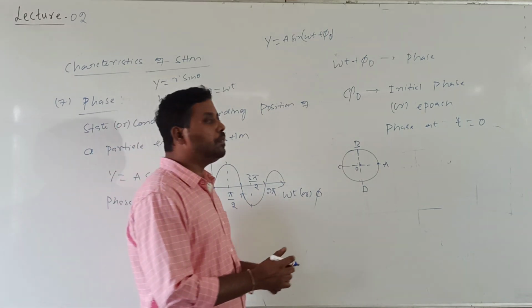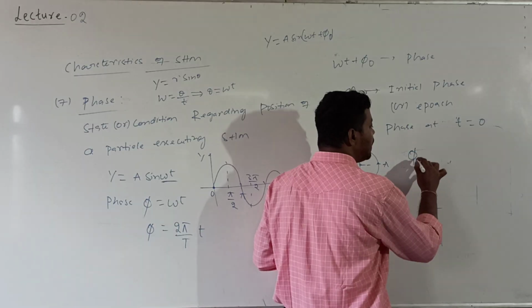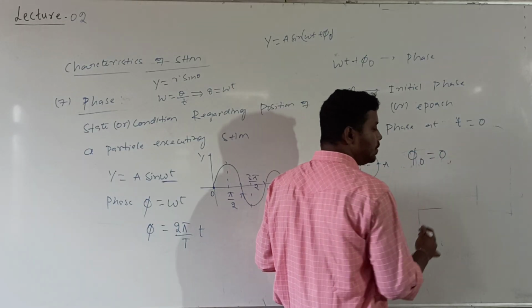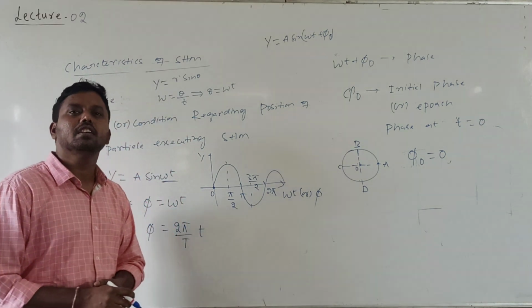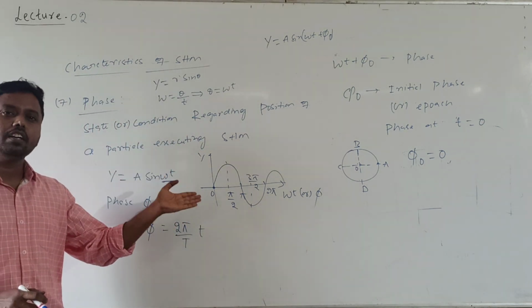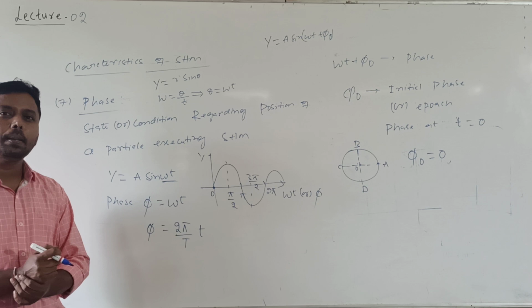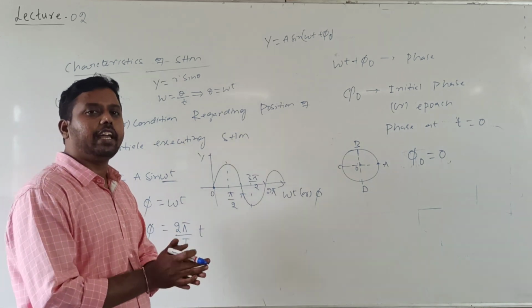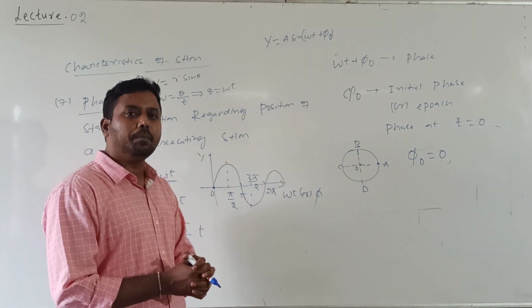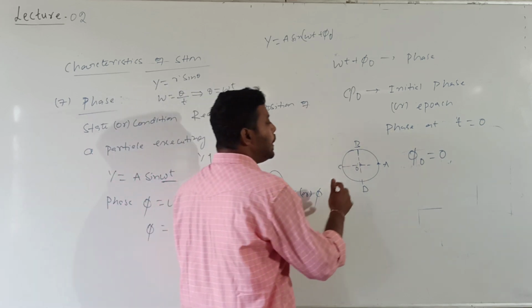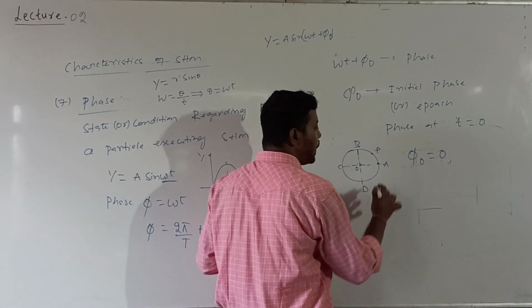Whenever motion started from the mean position, the initial phase is 0. What is the initial phase? 0. Whenever the initial phase value is 0, what is the conclusion? The particle started the journey from the mean position.